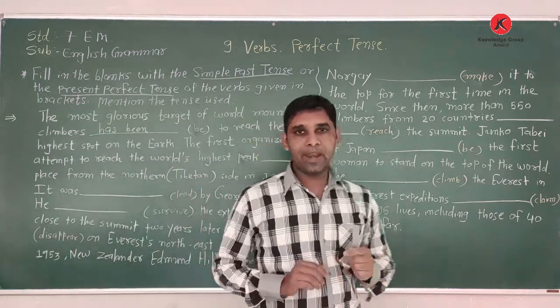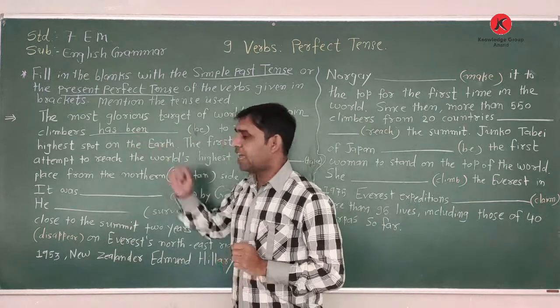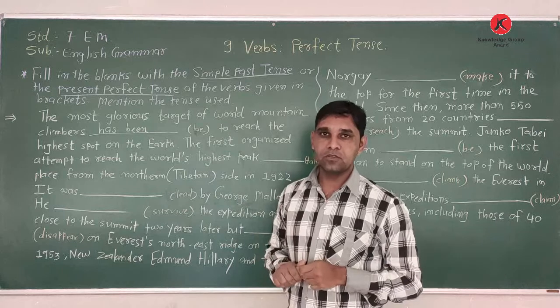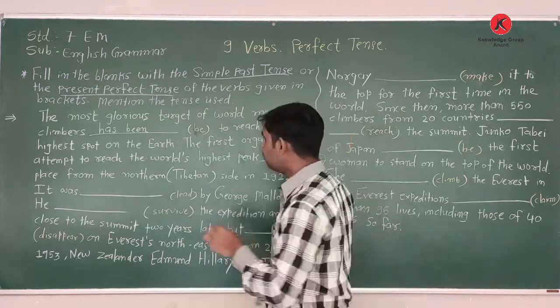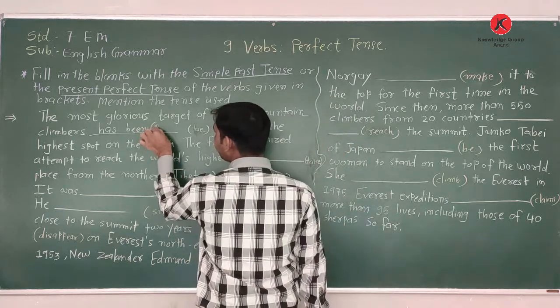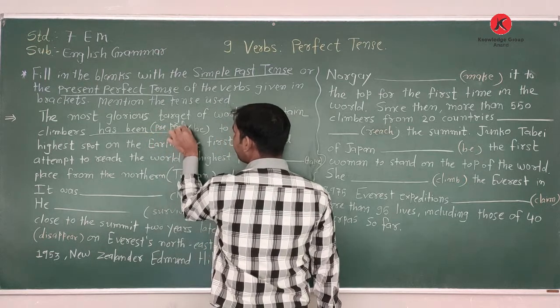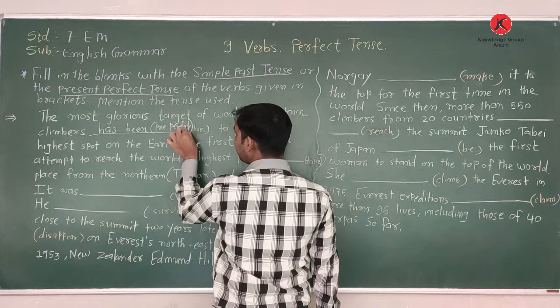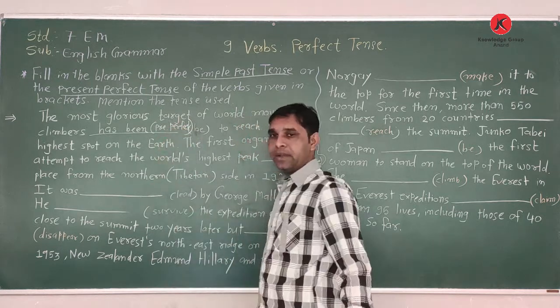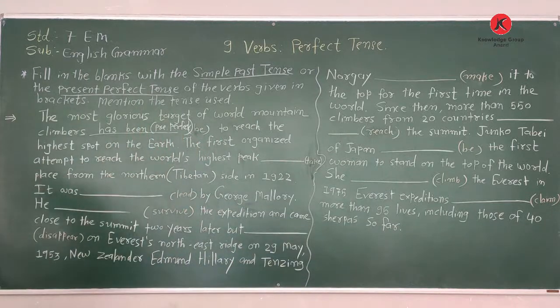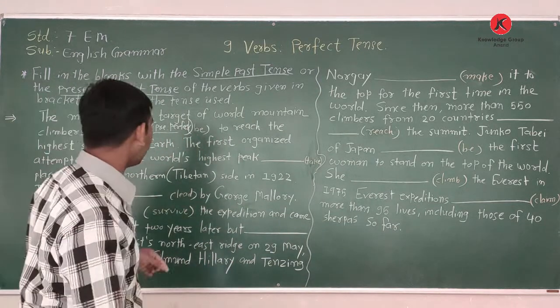We know about the earlier blank that the answer is has been. So we mention the tense used. Which tense is used here? In short I write present perfect. Present perfect tense.